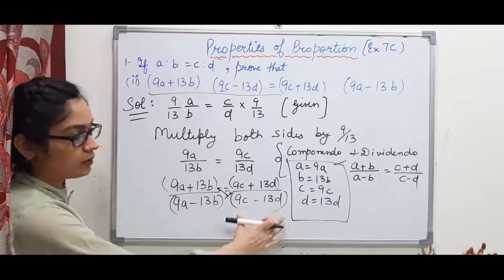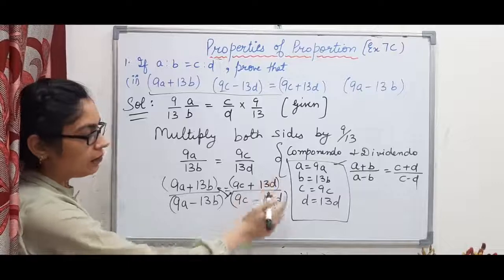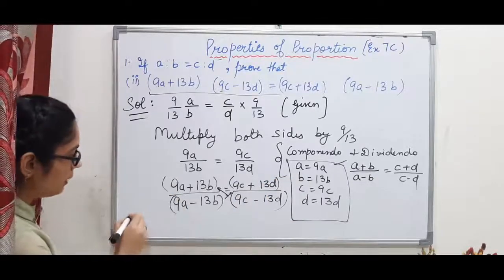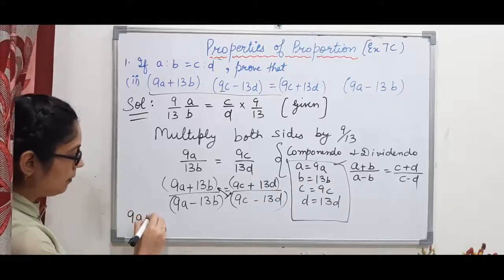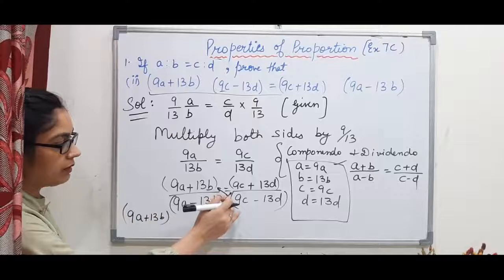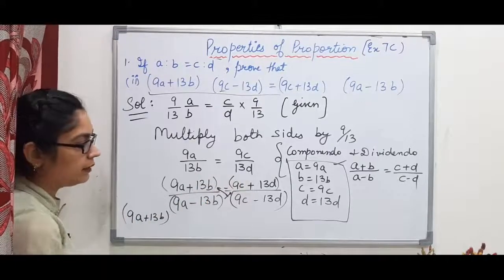Because it is in the form of a denominator on this side and it is getting divided, if I change its side, it will get multiplied. Cross multiplication in simple words: this will get multiplied by this and this will get multiplied by this.